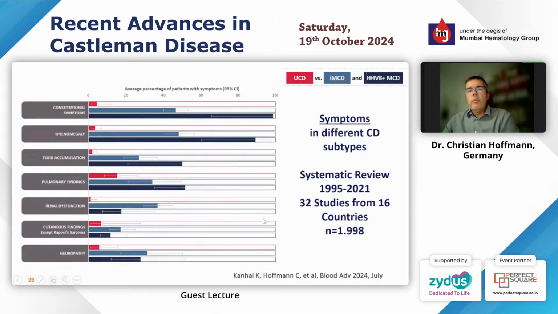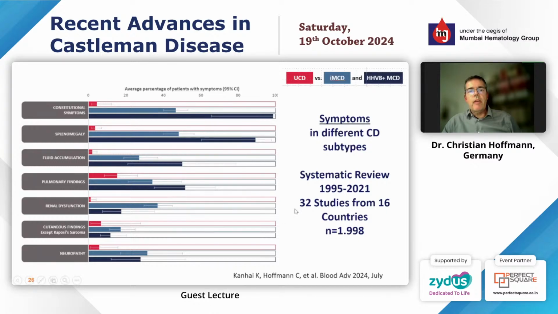And what we've done, we looked at the clinical differences between the different subtypes, the UCD versus the IMCD and the HHV-8 positive MCD. We performed a systematic analysis of all studies published with more than 5 cases to avoid publication bias.